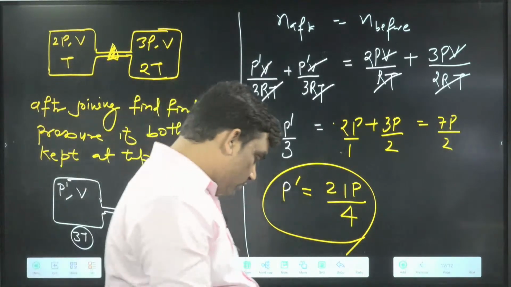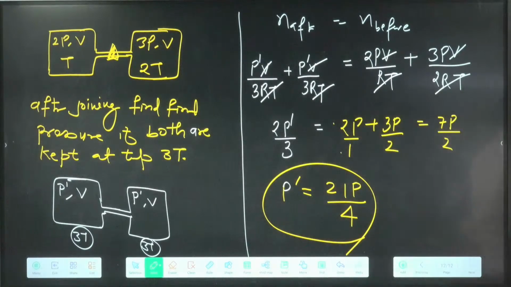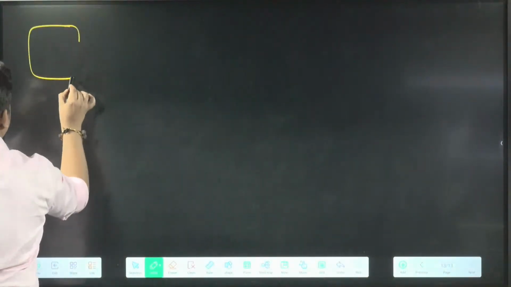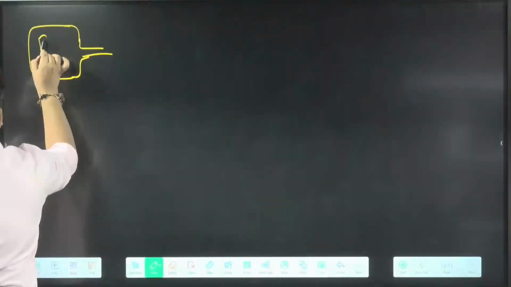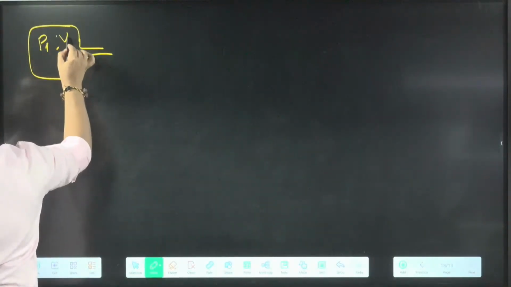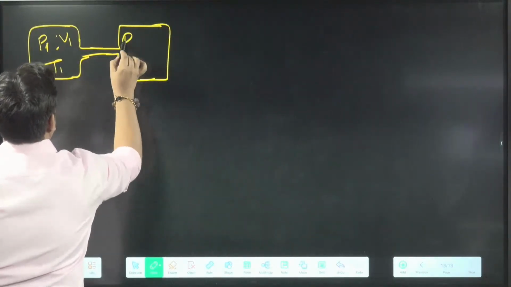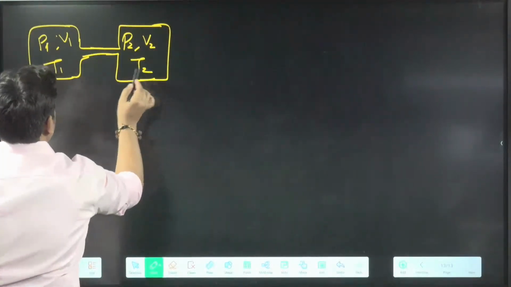So let's have the next question, and now I am going to take volume V1 and V2. The volume will be changed to V1 and V2, and then you have to do the same question here. I hope everyone is getting this, because next to next question I have to ask you. So they are saying that in this one, this is P1, the volume is V1, temperature T1, and this container is P2, V2, T2.